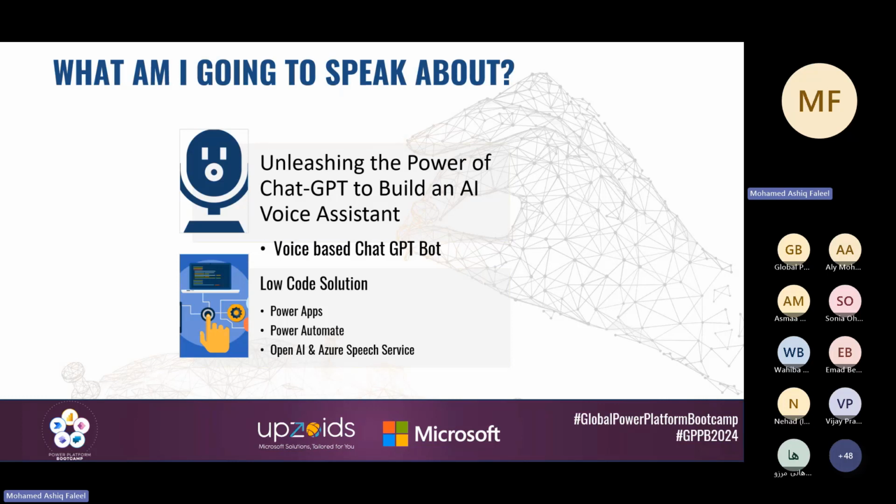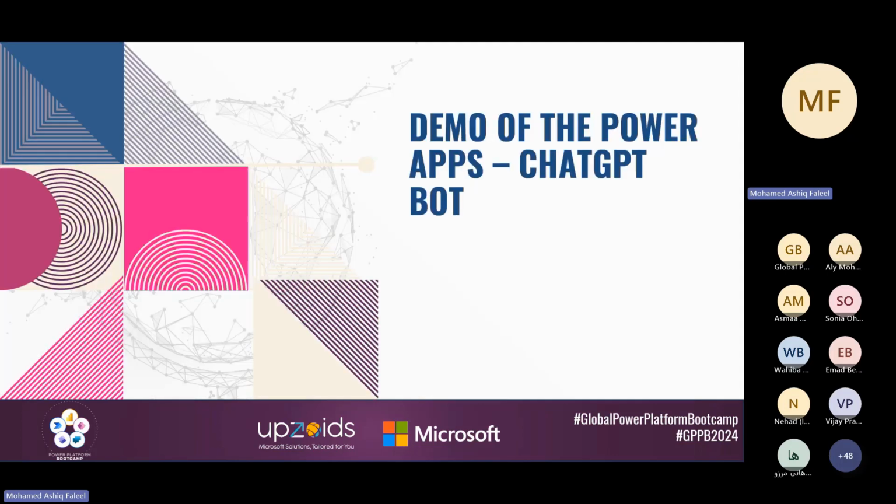So it's using Canvas app and Power Automate Flow, and then I have used Azure OpenAI service, ChatGPT model, and then Azure speech service. I'll talk in detail where I have used what. Okay, so let's start with a demo.